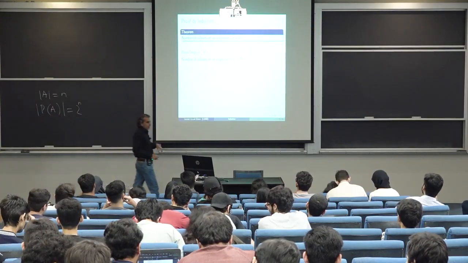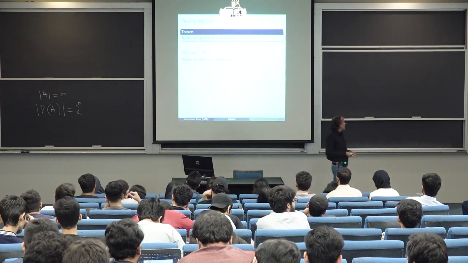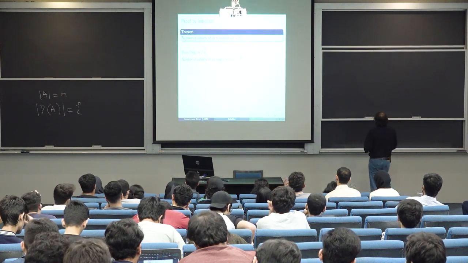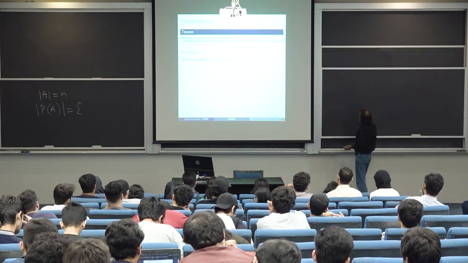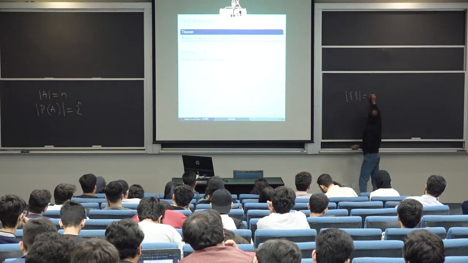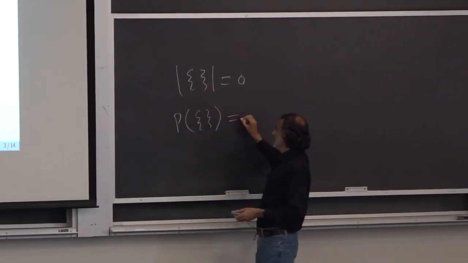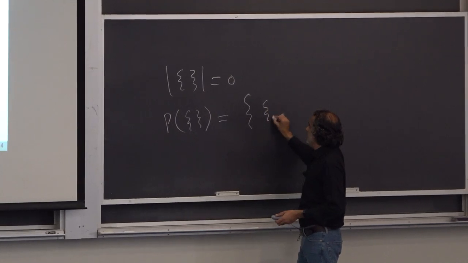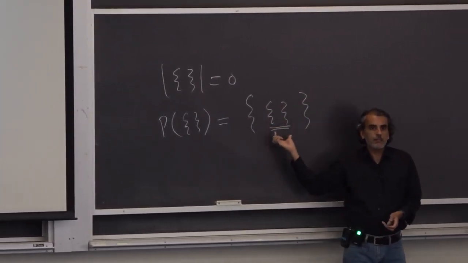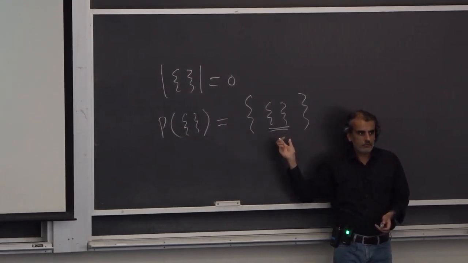So what we do is that we start with the smallest possible set whose size is 0. Can there be a set whose size is 0? Null set. And what is size of the power set of null set? So cardinality of this set is 0, and power set of this set is equal to what? 1. So that will be written somewhat like this, right? So that contains that set as one of the elements. So the number of elements in the power set is 1, right?